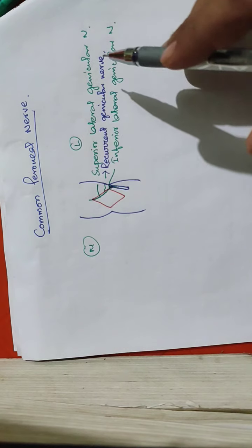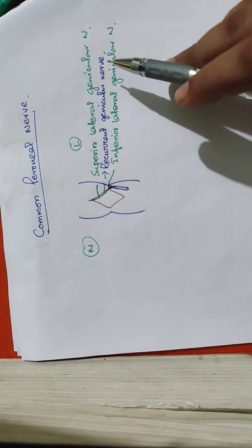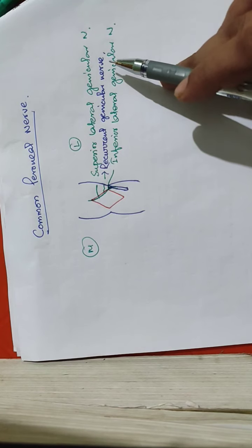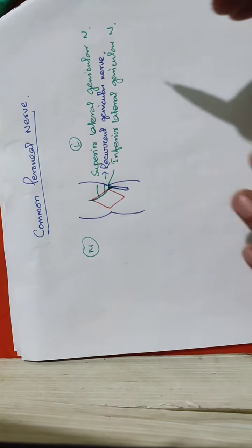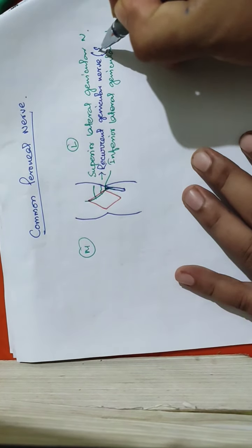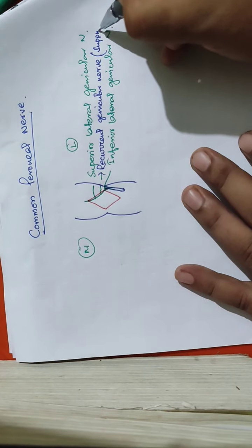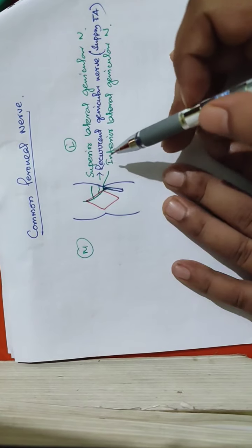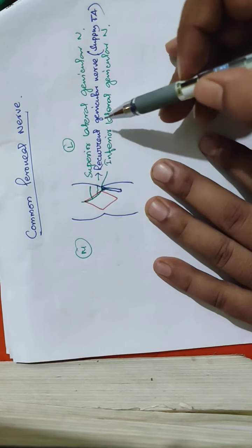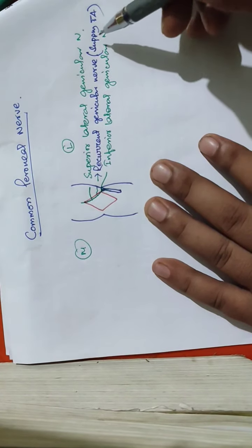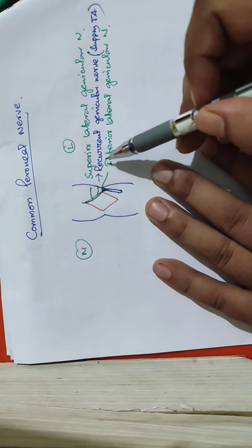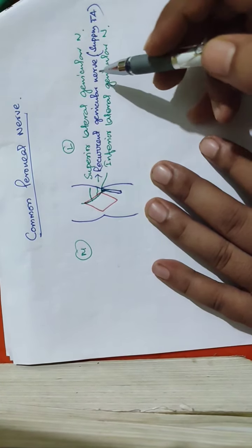So the recurrent genicular nerve, besides supplying the knee joint, also supplies the tibialis anterior muscle. So by name these are genicular branches, but it also supplies the muscle, that is the tibialis anterior muscle, and that's why it is called the recurrent genicular nerve.